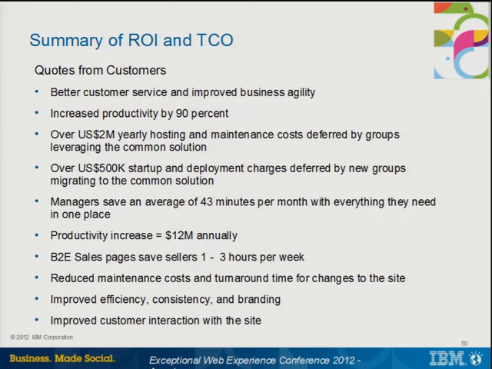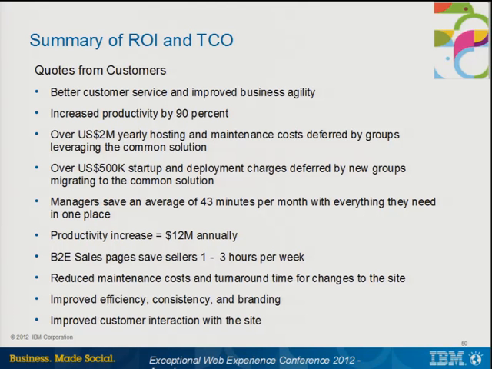Now, some of our customers have told us that they've saved over $2 million on things like hosting and maintenance costs because they have a common solution across multiple web properties. So that ability to publish not only to the traditional website, but also to the social sites, and to publish simultaneously in a seamless fashion, is another way that people drive their costs down.